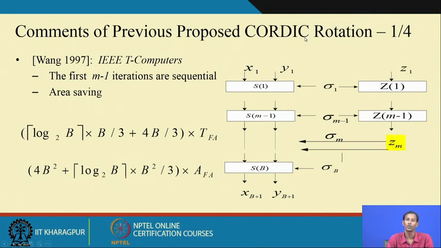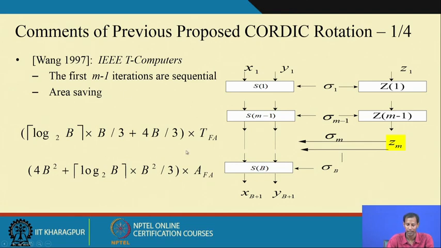And if we consider the previously introduced CORDIC rotation, that means the first CORDIC architecture, this is one architecture which was published in 1997 in IEEE Transactions on Computers, where they followed the first m minus 1 iterations in sequential mode.